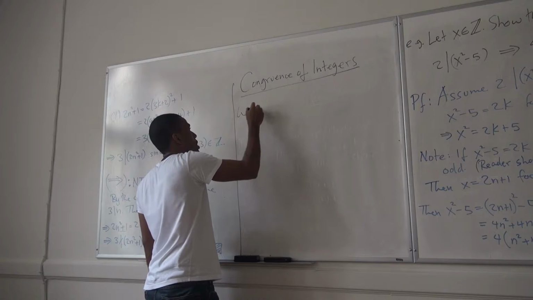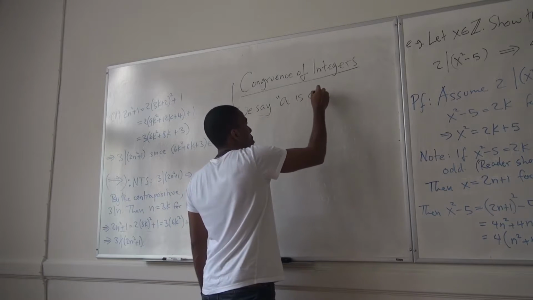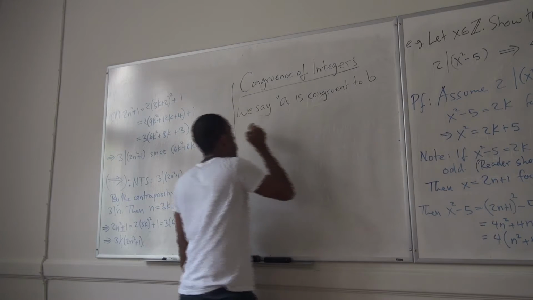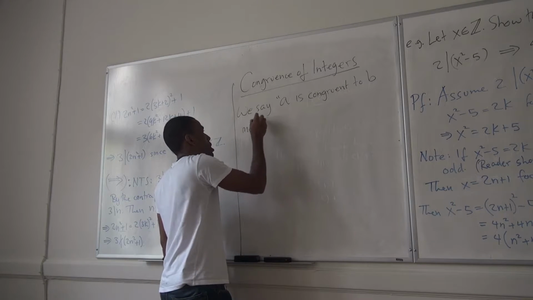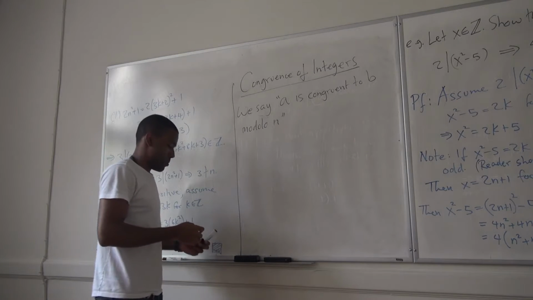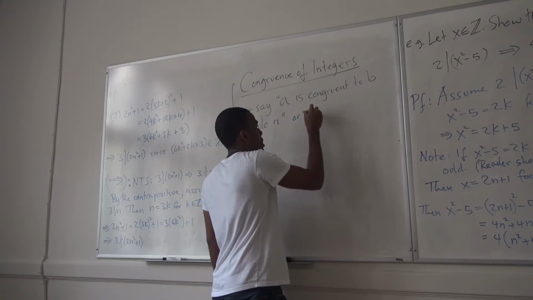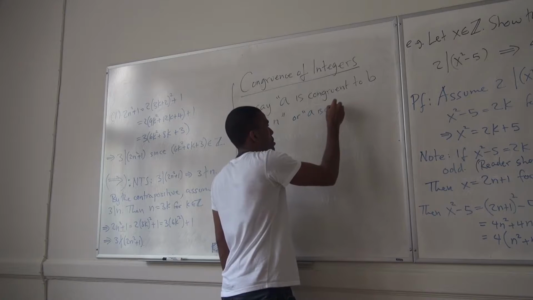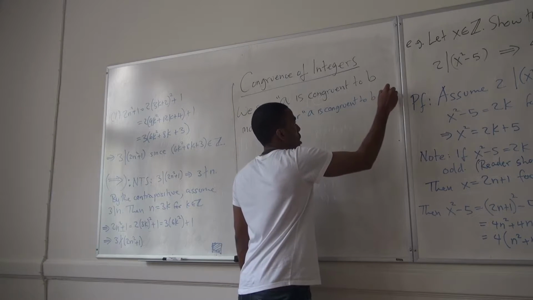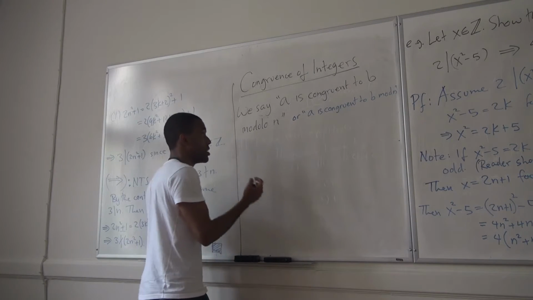We say A is congruent to B modulo n. There are other ways to write this. You could say A is congruent to B mod n. They usually don't say modulo. No one says modulo. Everyone says mod.